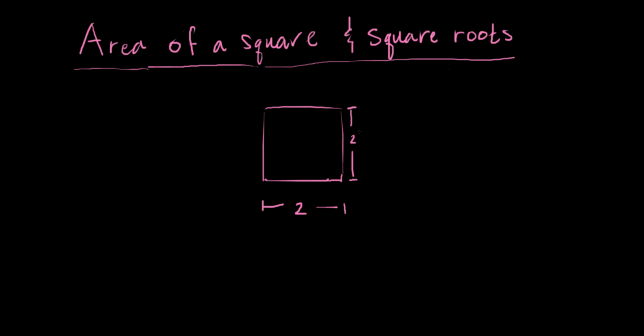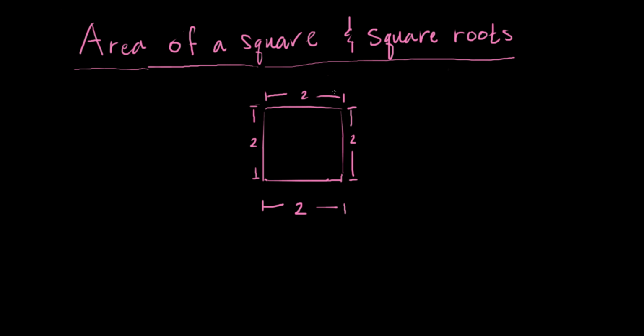And here's one of the constraints, or part of the definition of a square: if a shape is a square, every single side must have the same length. So if I'm saying this is a square, the only way it could be a square is if not only these two sides had a length of 2, but also the other two sides. And so that would satisfy one condition of being a square.